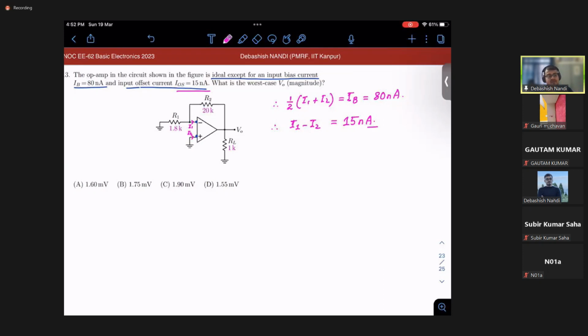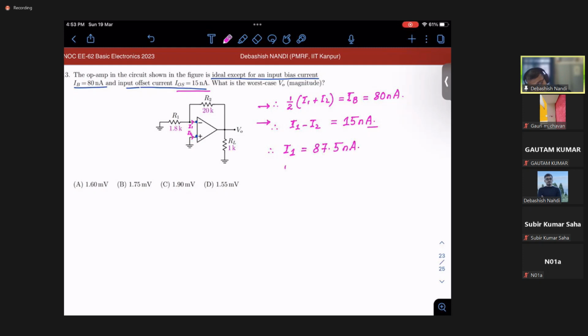So if you solve this, it is two linear equations, and you can solve it easily. Your I1 will come out to be 87.5 nanoampere, and your I2 will come out to be 72.5 nanoampere.